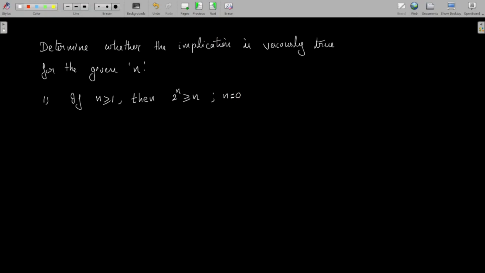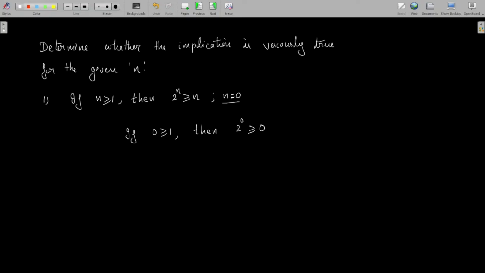Let us have some more problems to clarify the idea. Determine whether the implication is vacuously true for the given n. First one: if n is greater than or equal to 1, then 2 raised to n is greater than or equal to n, given that n equals 0. When n equals 0, this proposition becomes: if 0 is greater than or equal to 1, then 2 raised to 0 is greater than or equal to 0. That is, we substitute n equals 0 here.